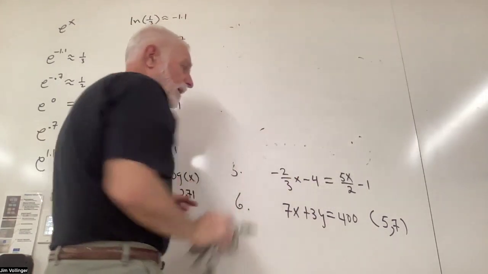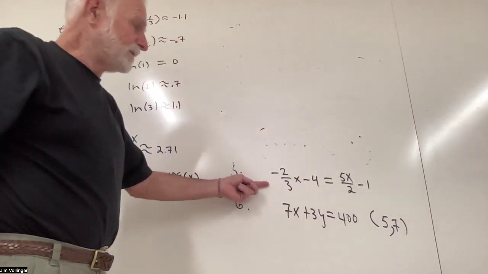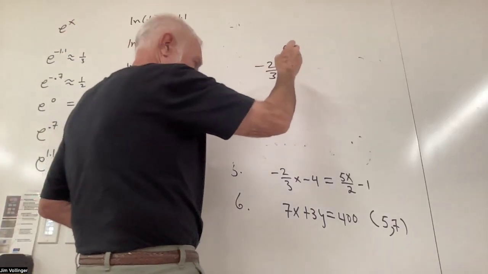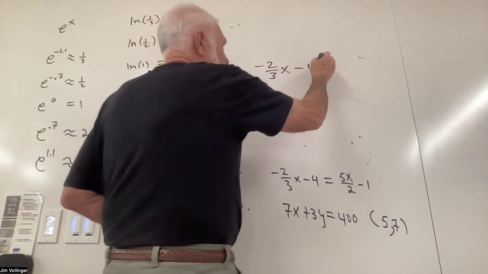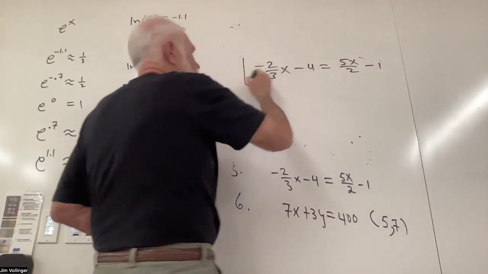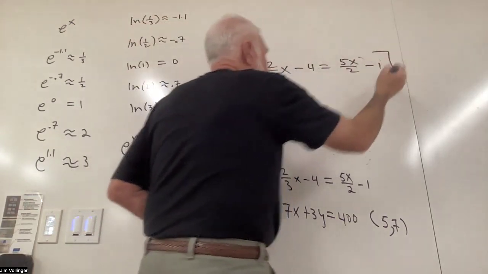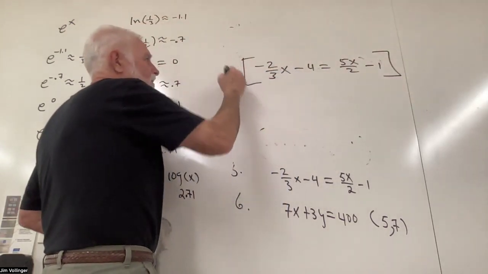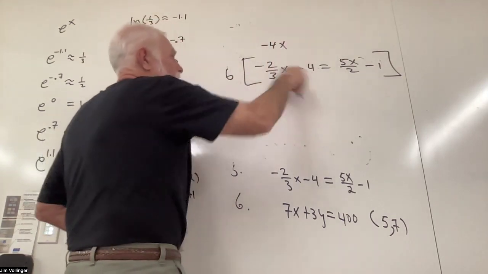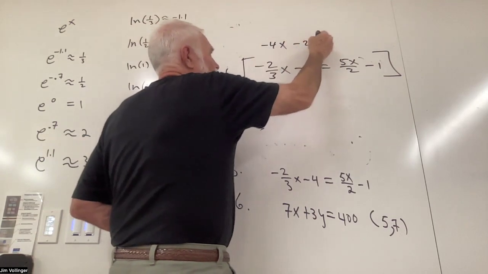All right, so now we actually get a repeat of a process. Here I'm going to take -2/3 x minus 4 equals 5x over 2 minus 1. I'm going to multiply everything by 6. Because I know what 6 divided by 3 is. And I know what that times -2x is. And I know what 6 times -4 is.